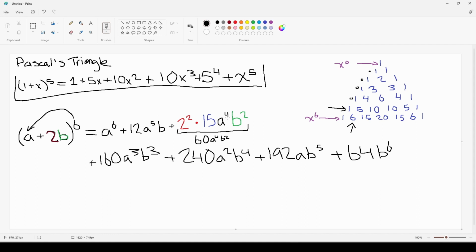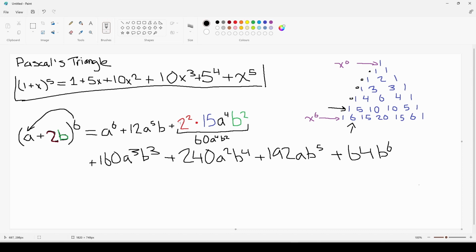And for this next term, I expanded it a little bit more just to show something that's going on here and make sure that you don't miss it. So when we move over, again, power from this first term into our second term, we get 2 squared times 15a to the 4th b to the second.